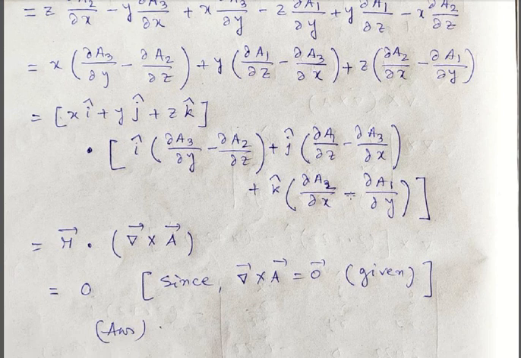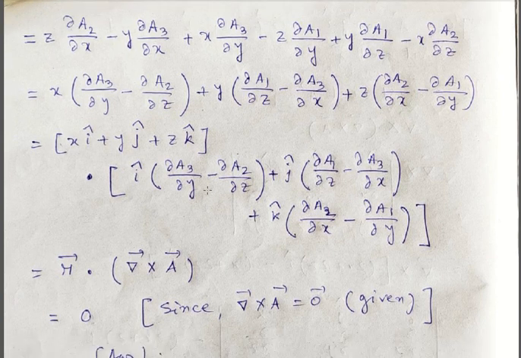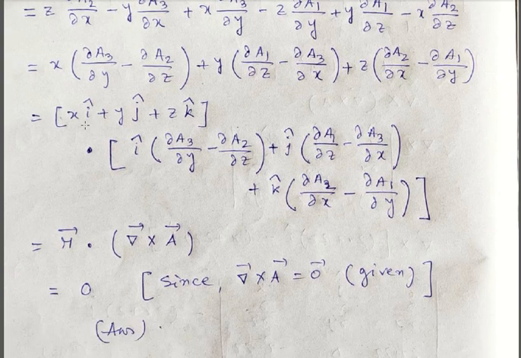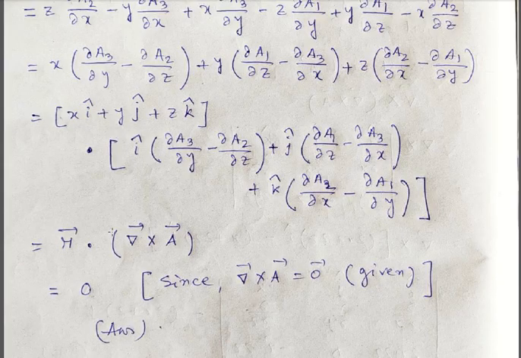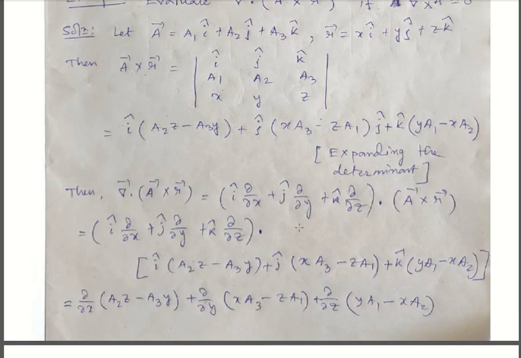Now why should we write it like this? Because we know xi plus yj plus zk is equal to r, and this term can be written as del cross a. Just recall the value of del cross a. What is the value of del cross a?